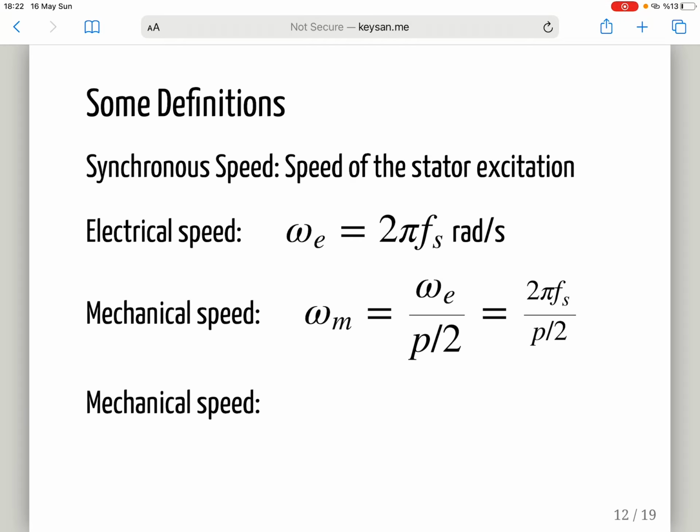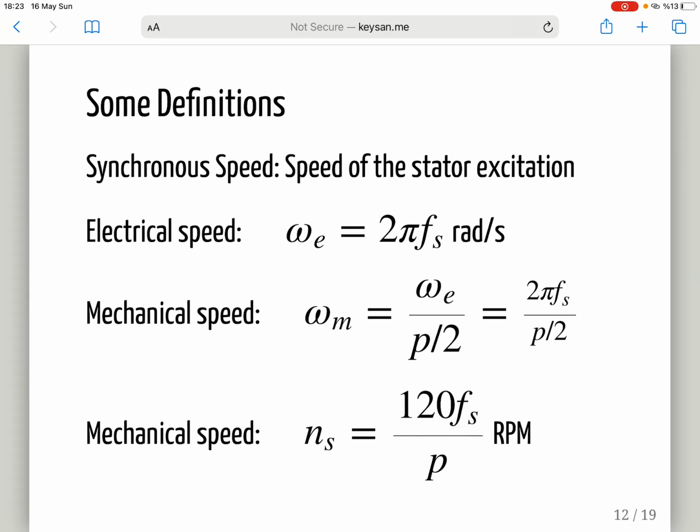Or you can write that in mechanical speed. Usually instead of radians per second, in mechanical systems RPMs are commonly used, so you can write that in RPM.